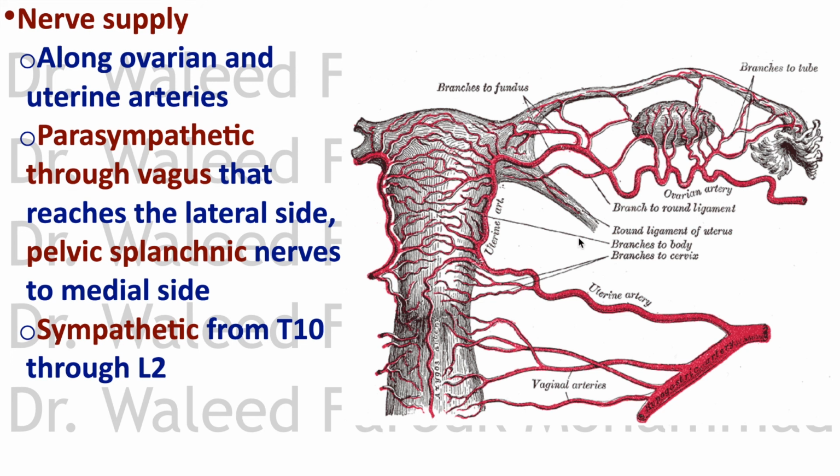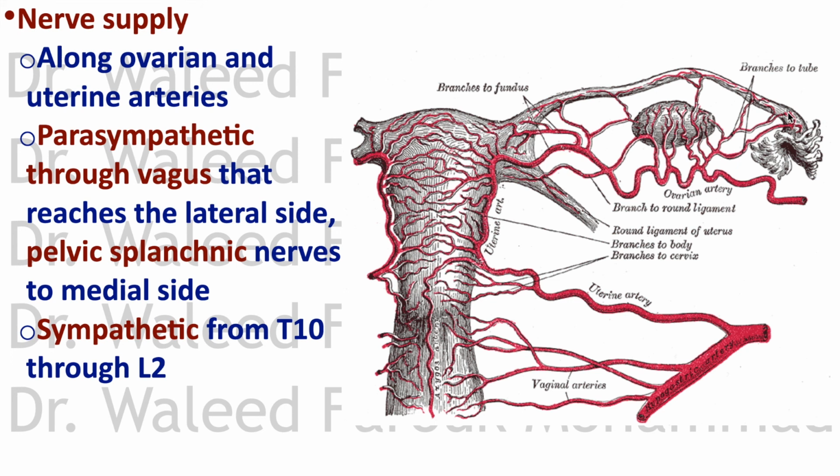Again, the pelvic splanchnic nerves climbed over the inferior hypogastric plexus and formed plexuses around the vessels supplying the pelvic viscera, and that's how they reached there. So medially, the pelvic splanchnic; laterally, the vagus.